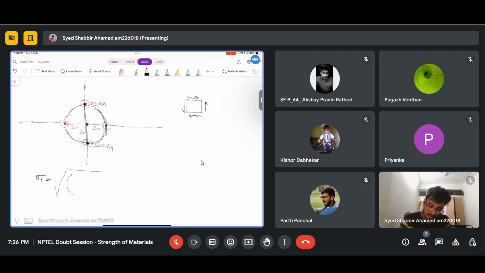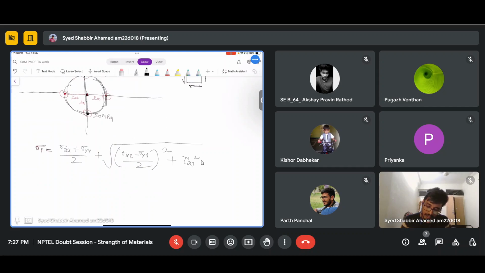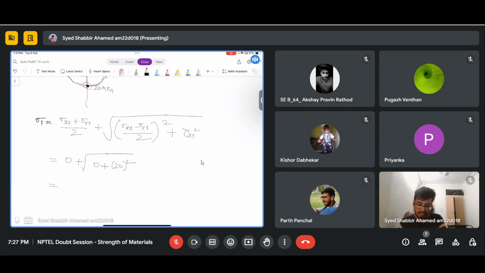I think you all know this basic formula which was explained in the class: sigma xx plus sigma yy by 2 plus root over sigma xx minus sigma yy by 2 whole square plus tau xy square. Here sigma xx and sigma yy are 0, so this part is 0, and the root becomes 0 plus 20 square whole root. So sigma 1 can be simply written as 20 megapascal.